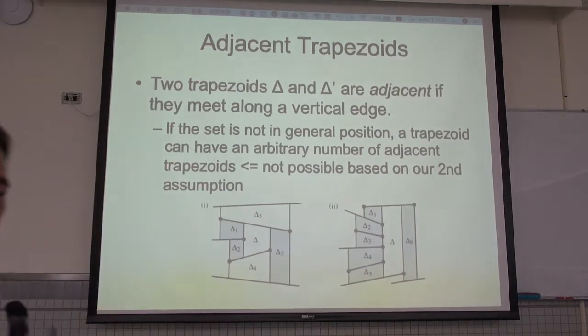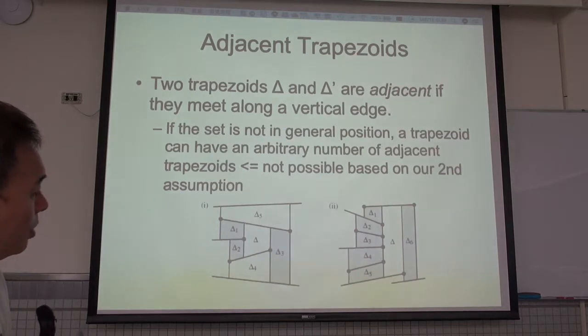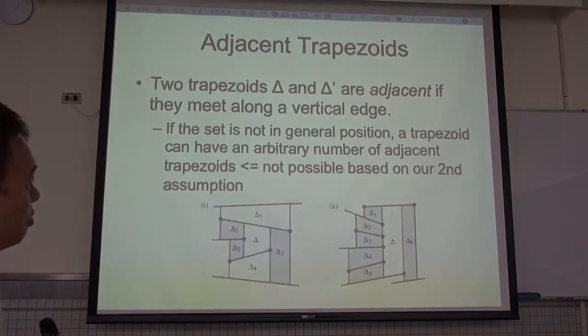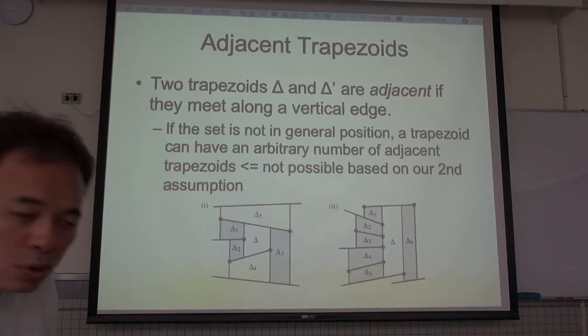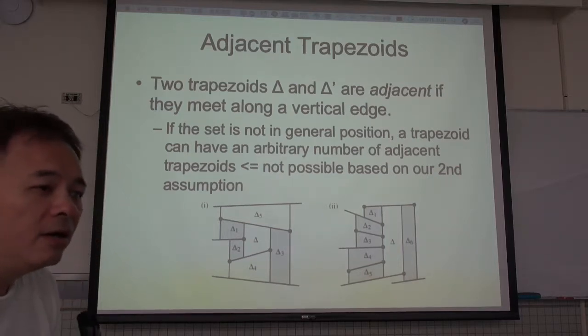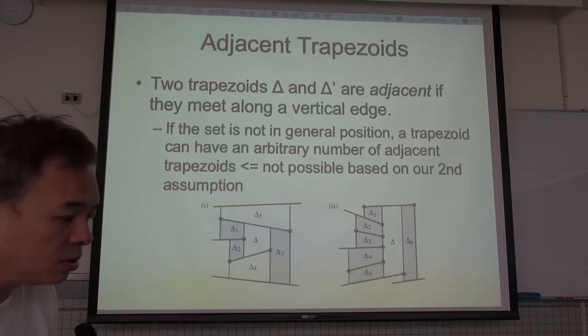If we have the general position property, remember, what is general position? General position means no two endpoints share the same x-coordinate value.